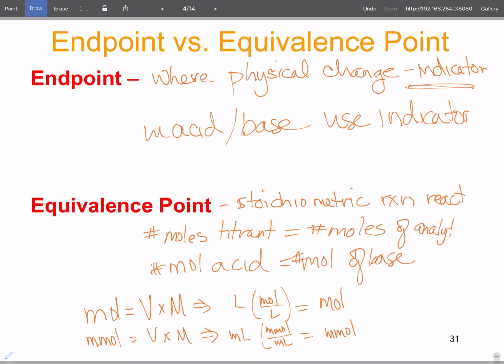This is often used when we do titrations because we're using small numbers, and it's easier to say that you have 12 millimoles than it is to say 0.012 moles. Again, it's personal preference. I'm going to do things mostly in millimoles, but if it makes you happy to work them in moles, it is perfectly fine. You will get the same answer.